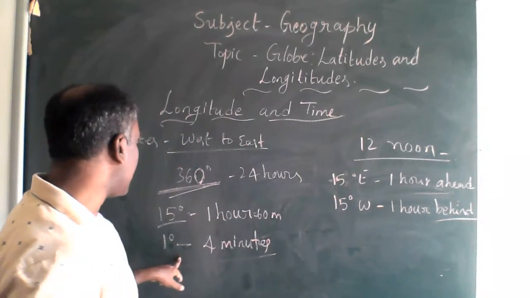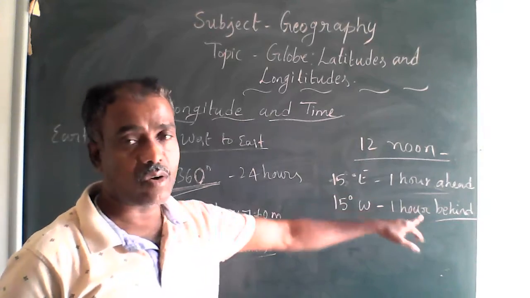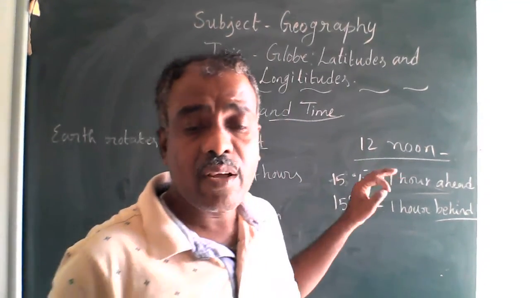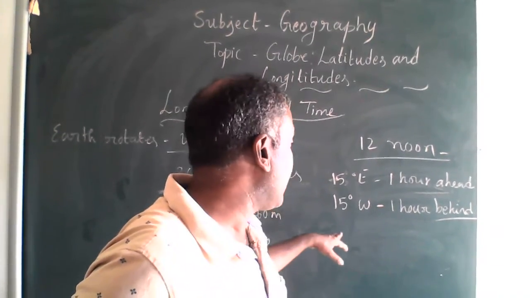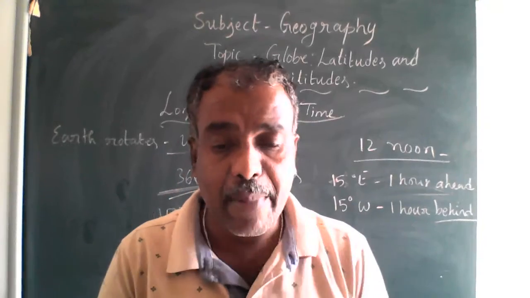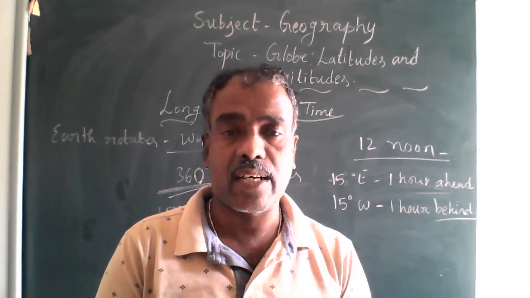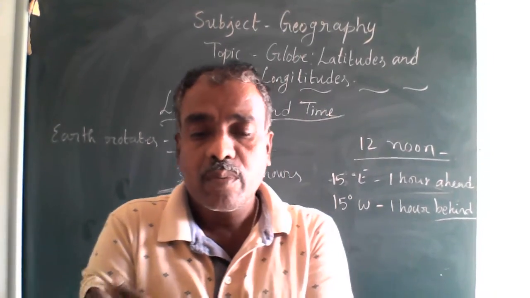Because 1 degree is equal to 4 minutes. So 15 degrees means 1 hour. And the same way, west of Greenwich, about 15 degrees west, means 1 hour behind. Like this only we are going to consider the time. Are you getting now?